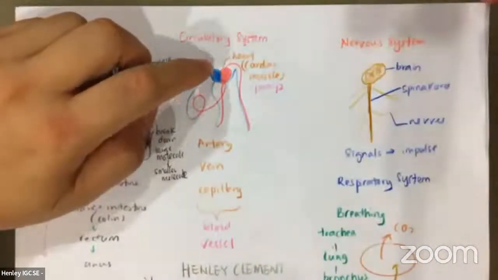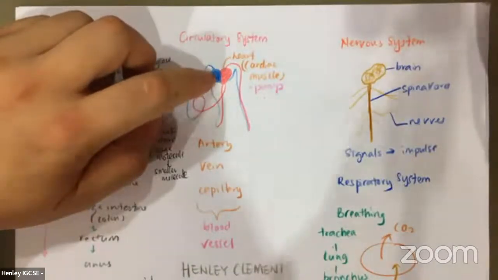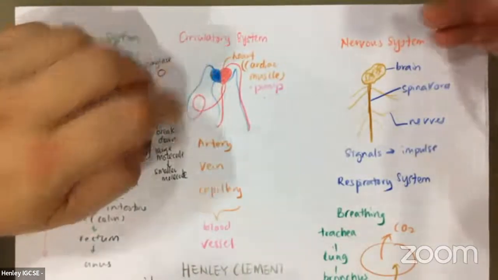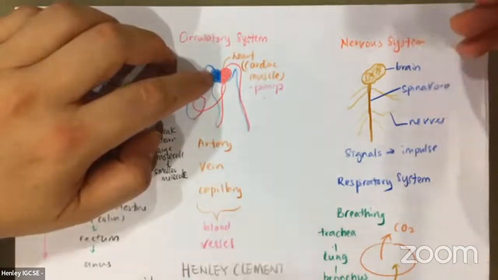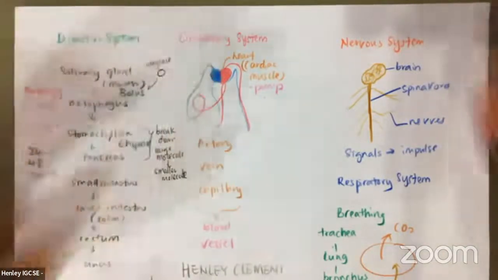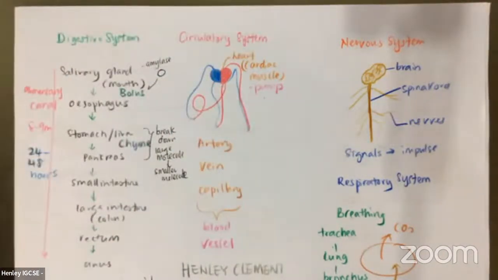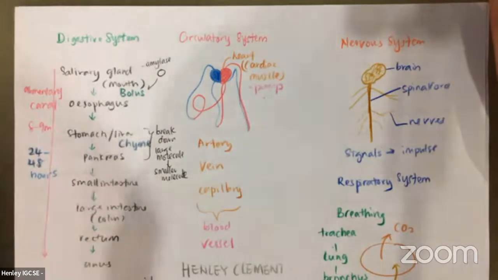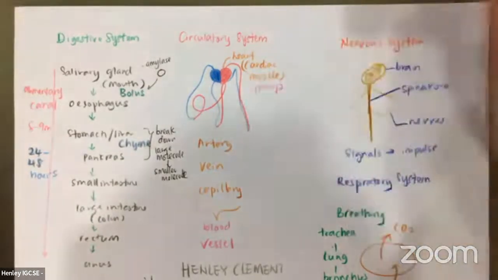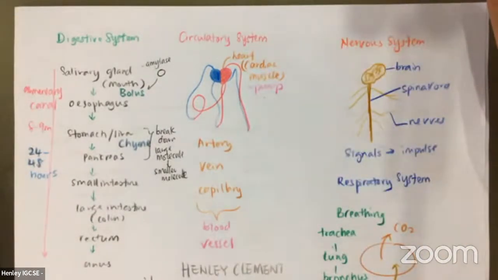It's not your right, it's on your left, but this is the right side of that person. They collect all the used blood, which is deoxygenated, meaning we have more carbon dioxide as compared to the other side, and less oxygen as compared to the other one.